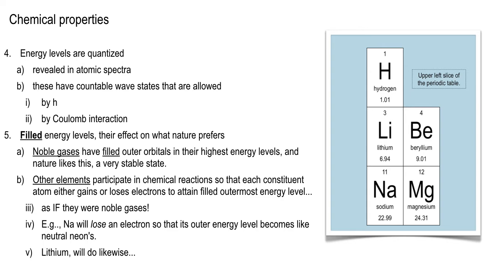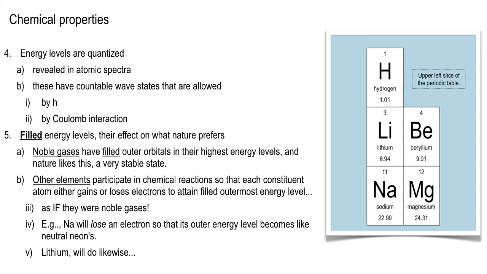Now, other elements that aren't noble gases in the rightmost column, for instance lithium and magnesium and so forth, will combine with other elements in order to either lose or gain some electrons and attain an outer shell that is full. When they gain or lose some electrons, they become an ion.